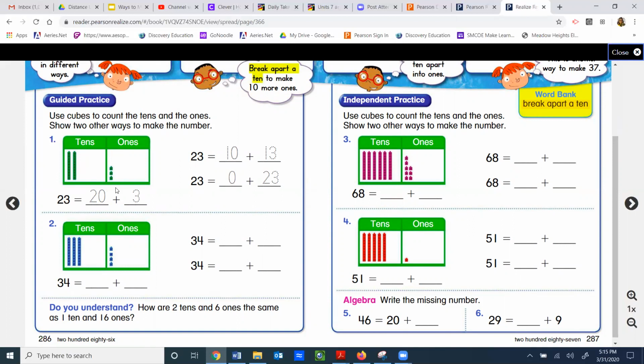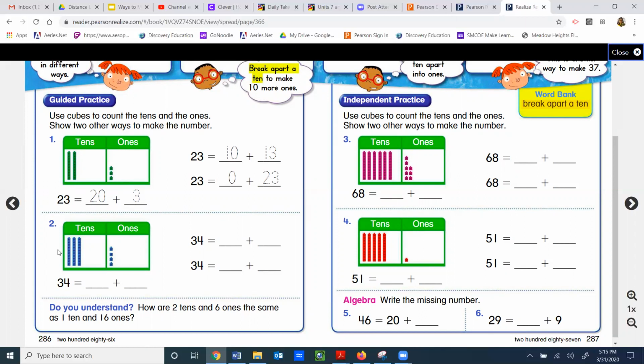So you should be familiar with this. They have this one done for you so you understand how they formatted the problem. As you can see, they reversed the numbers and they put 23, the whole, on this side equals 20 plus 3. That's fine. I know that might trip some of us up, but they're just flip-flopping the addition problem.